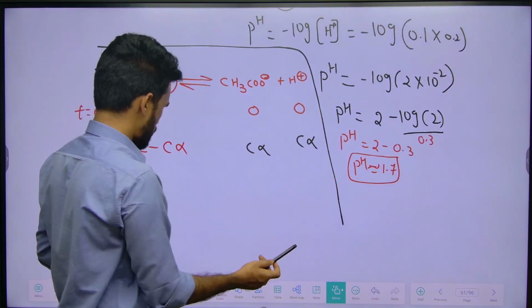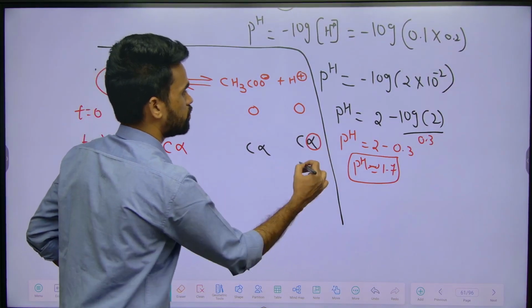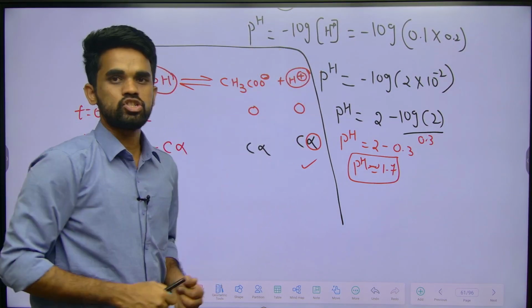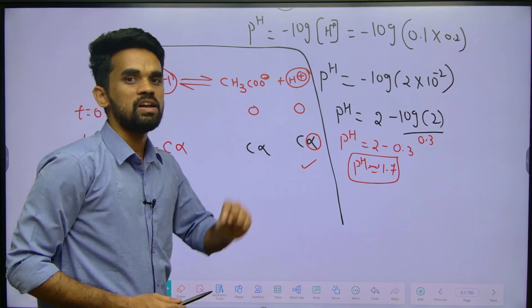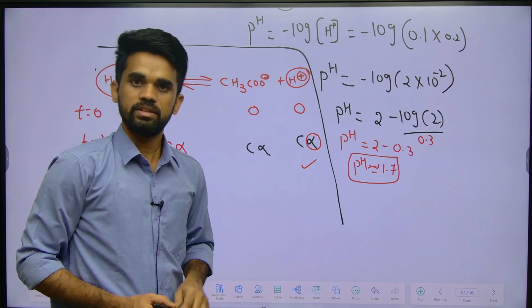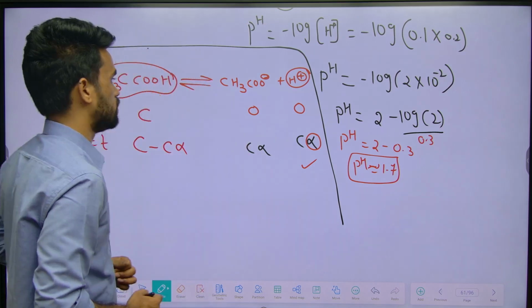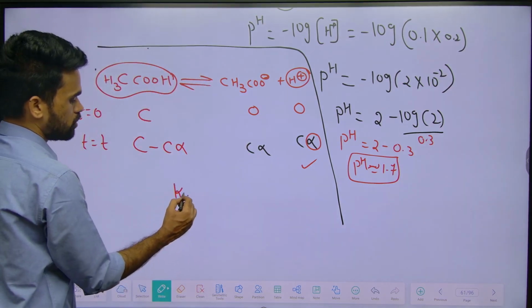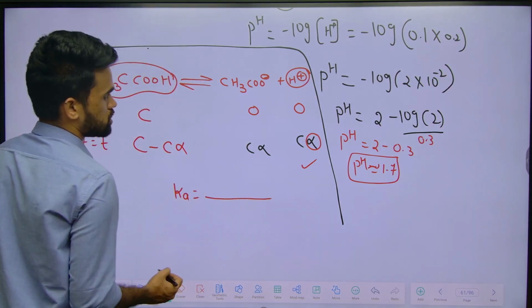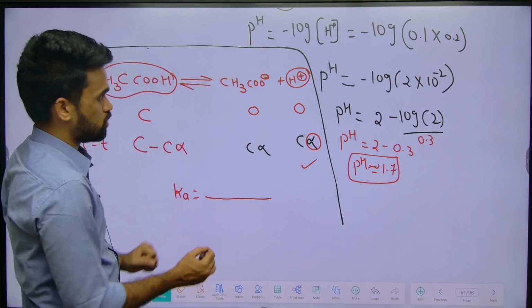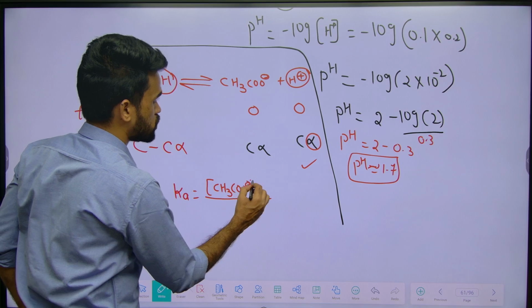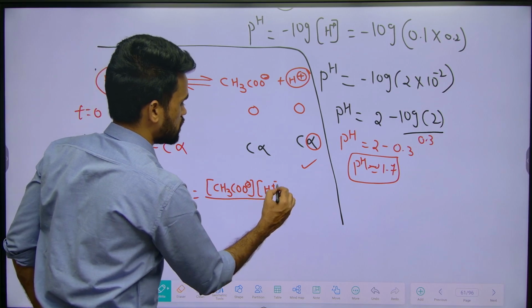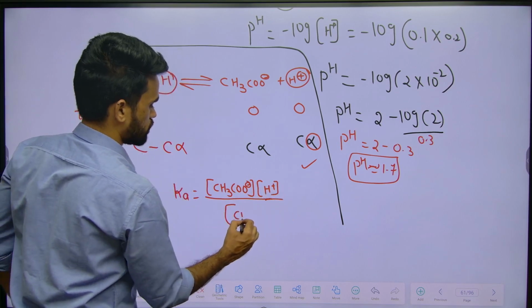So if we know this alpha value, we can directly solve for the pH of this solution. We know the C value, but I do not know the alpha value. How do we get this alpha? This is the question. Let us solve here. For this acid, you can write the acid dissociation constant as the concentration of products, acetate ion concentration times H plus ion concentration, divided by acid concentration.